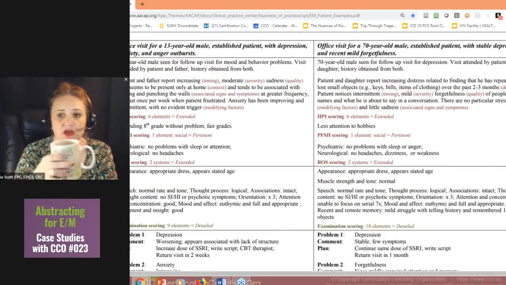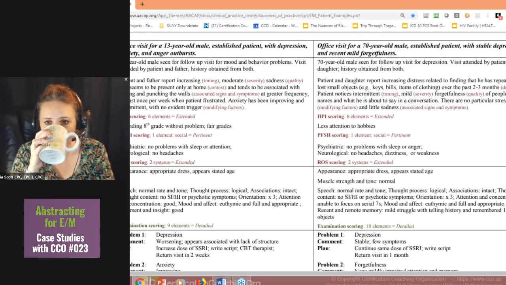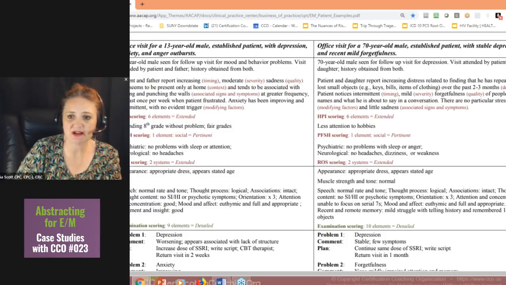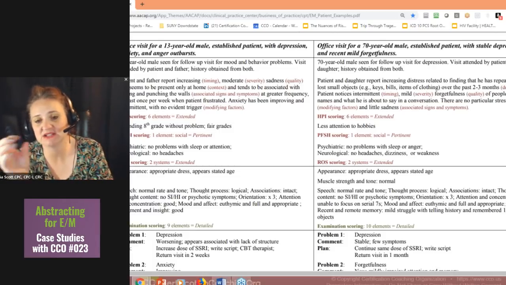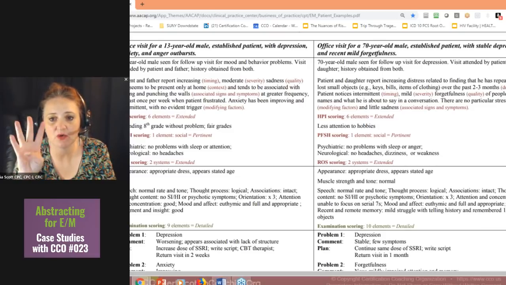Let's talk about this patient on the other side. This time we have a 70-year-old patient, stable depression, recent mild forgetfulness. Again, let's pay attention to what they flagged as things that we need to abstract. Notice we have duration, timing, severity, quality, modifying factors, and associated signs and symptoms. So we have 6 things that we're going to be able to abstract in just this HPI.